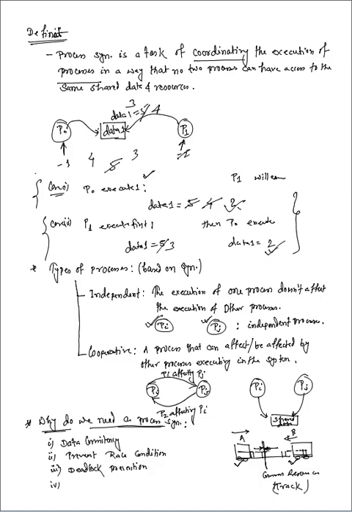Then we have priority control. By use of synchronization, if process P1 wants to execute first, then P2 executes second, we can control the priority using the synchronization algorithm. So priority control is another reason why we need process synchronization, right?